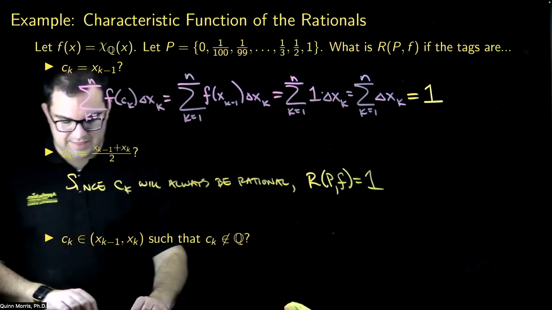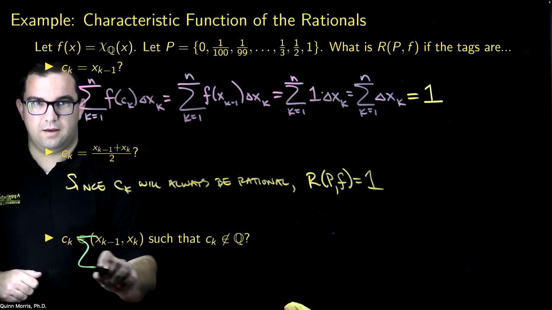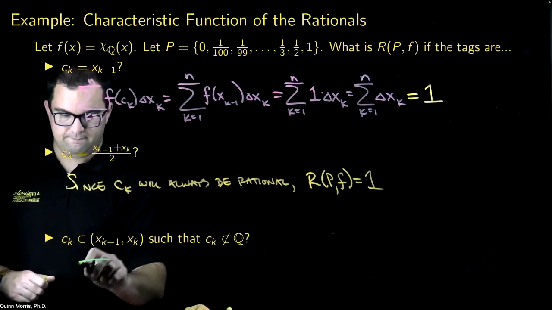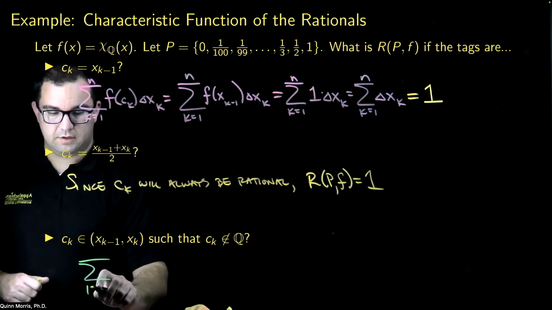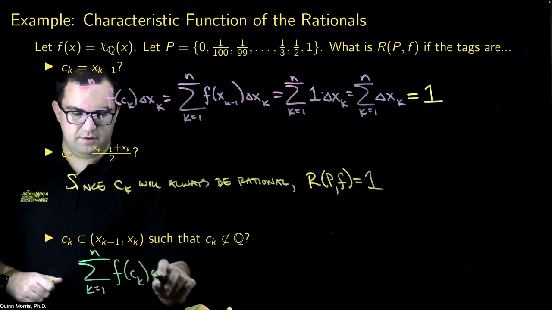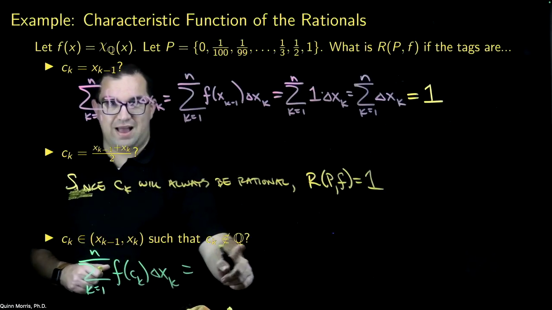Well, if I choose my tags that way, then what's going to happen? I'm going to have a sum k equals 1 to n f of c sub k delta x sub k. But now all of these c sub k's are not rational.